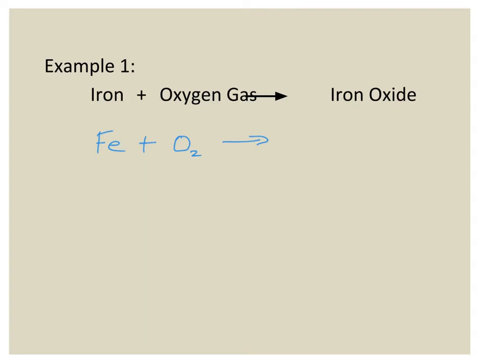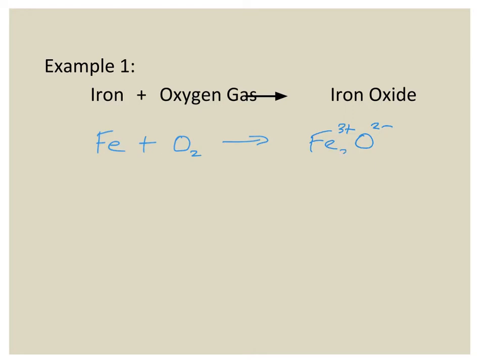Well, this is a compound because I have 2 elements, and it's ionic because iron is a metal and oxygen is a nonmetal. So I need to find my charges and crisscross them. Iron on our periodic table is an Fe and it has a 3+ charge on it. The oxygen is an O with a 2-. And then I have to crisscross the charges.